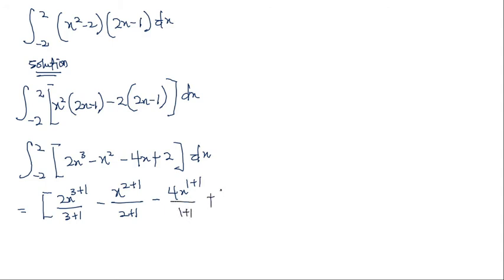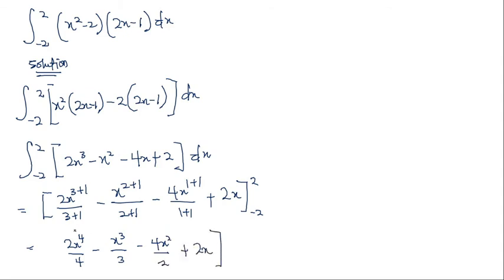Then plus 2 is a constant, so I add x to it. Then I apply the limits from -2 to 2. So from here, what I get is 2x^4 divided by 4 minus 2x cubed divided by 3 minus 4x squared divided by 2, then plus 2x. Still applying my limits from -2 to 2.